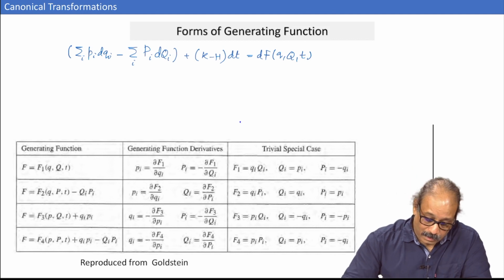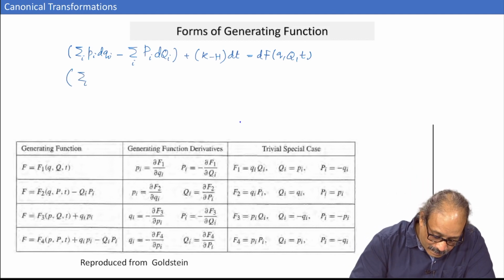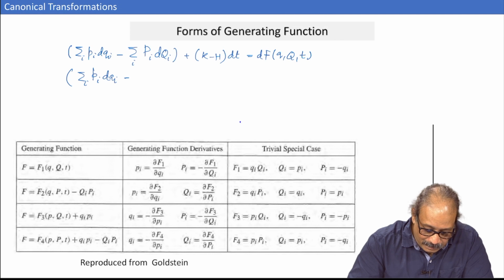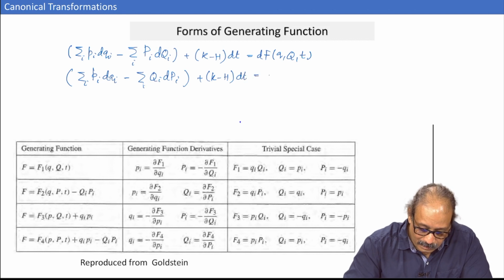Now I can write this as sum over i p_i dq_i, and I will replace this by minus sum over i Q_i dP_i plus (K minus H) dt is equal to dF.